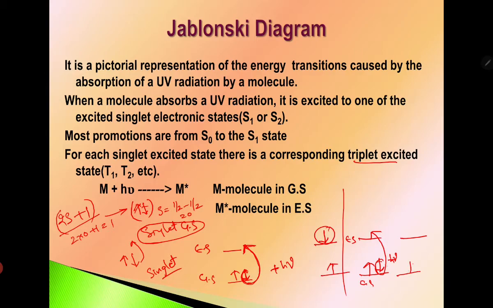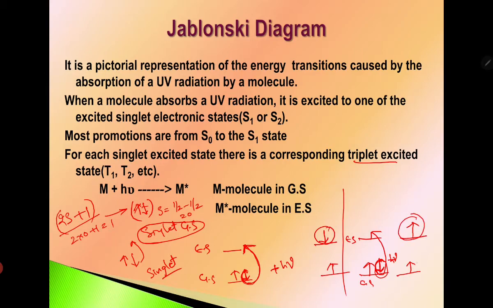The spin of this electron is downwards. If it excites to the higher levels by changing its spin, see the difference here, how the spin of this electron is in the ground state and how it is in the excited state.